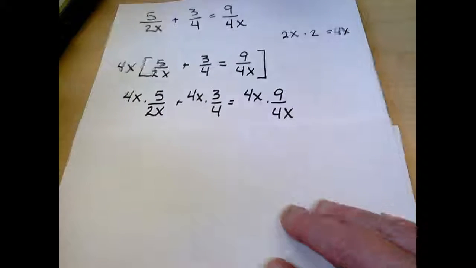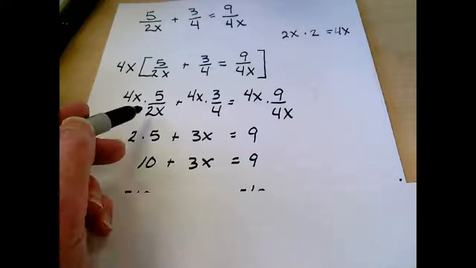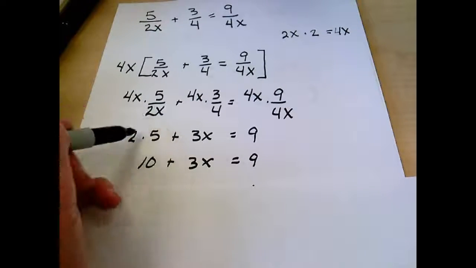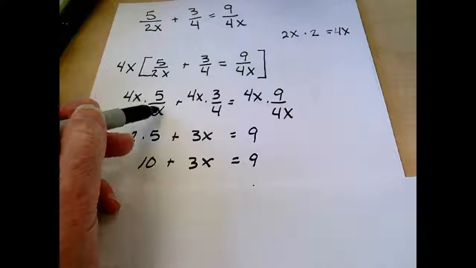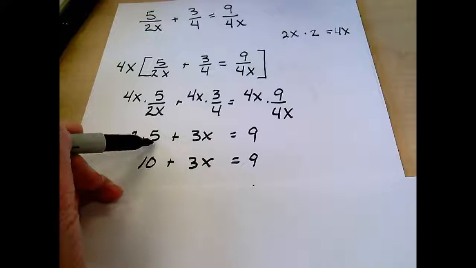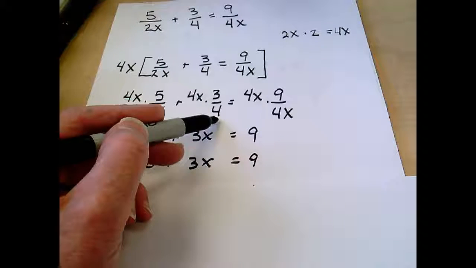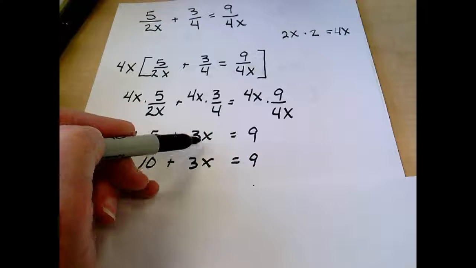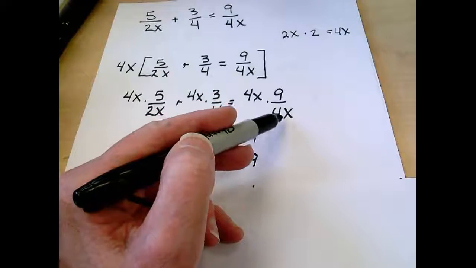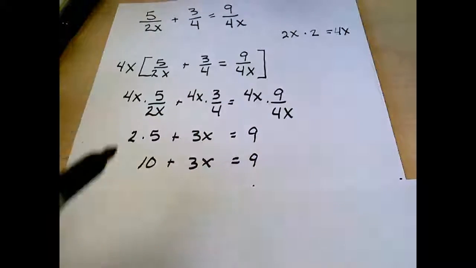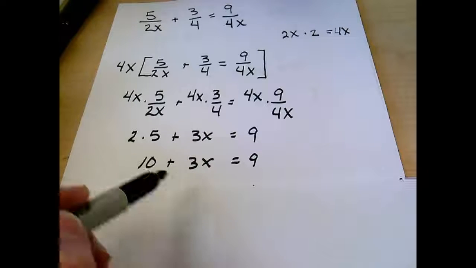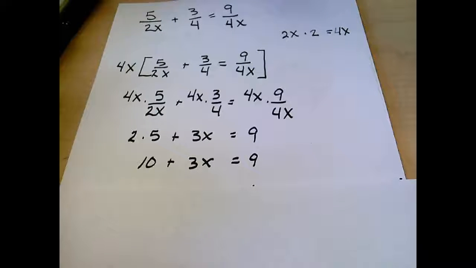And when I do that, 4x divided by 2x gives me 2. These would cancel, and I'm just left with a 5. 4x divided by 4, the 4's cancel, and I'm left with 3x. The 4x cancels with a 4x, and I'm left with 9. 2 times 5 then is 10, plus 3x equals 9.